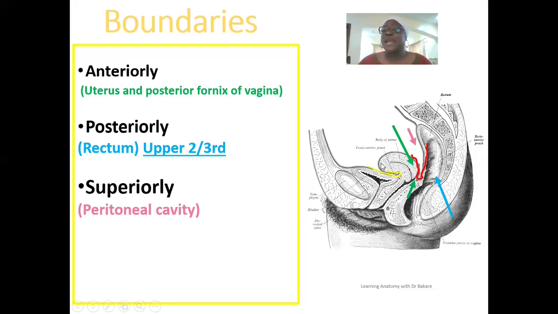Remember in that lecture, we highlighted that the superior border of the uterovesical pouch also is continuous with the peritoneal cavity. We know that the peritoneal cavity is created at this upper region here, which is the space that is created between the visceral peritoneum and also the parietal peritoneum. So these two pouches are seen to be superiorly continuous with the peritoneal cavity. So this is what is seen in the superior border also of the rectouterine pouch.